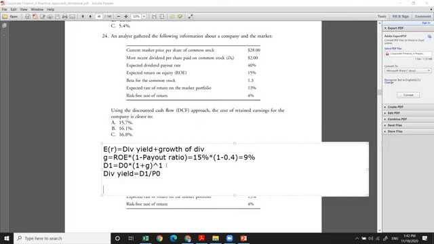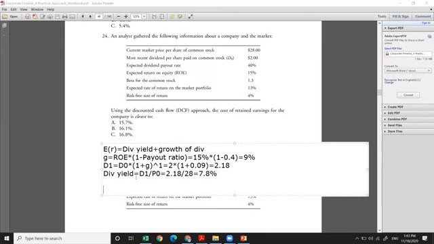Now we know the growth rate, and if you calculate 2 times 1 plus 0.09, D1 is 2.18. Now your dividend yield is 2.18 divided by 28, which gives you 7.8%.